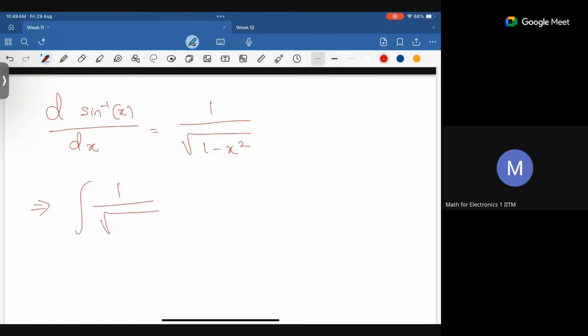So the integral of 1 by square root 1 minus x square dx will be sine inverse of x plus some constant.